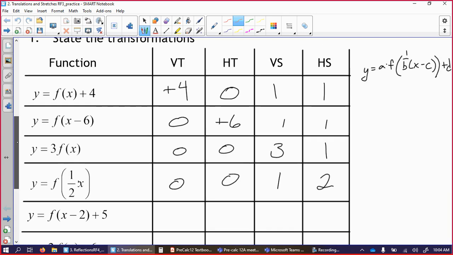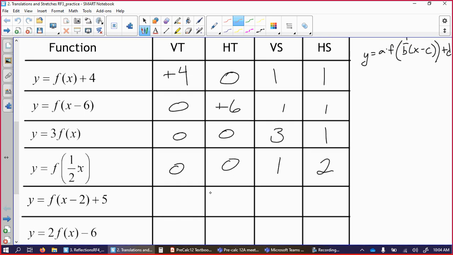I think this is translation, translation, stretch, stretch. So this is a vertical translation of 5, 2, 1, 1, -6, 0. That's in front, so it's a vertical stretch of 2 and 1.